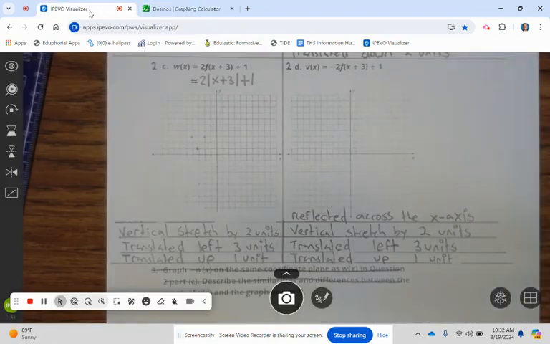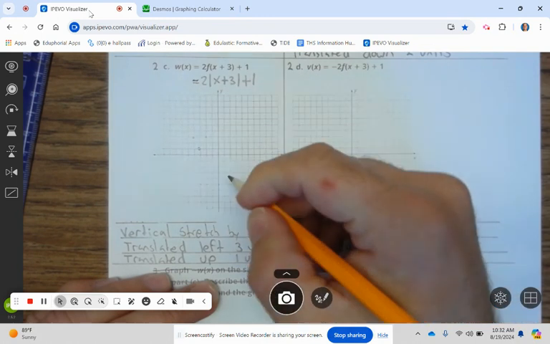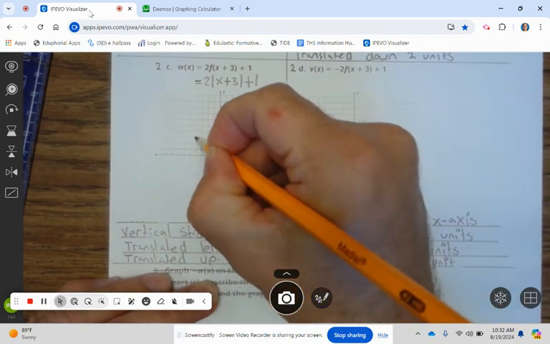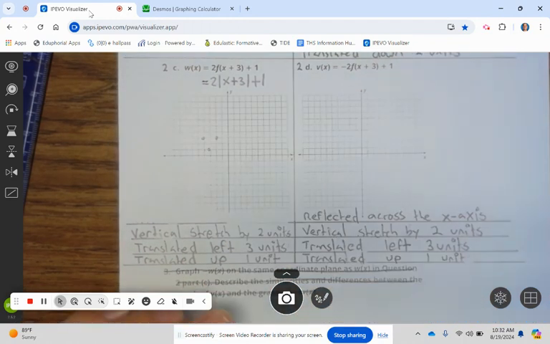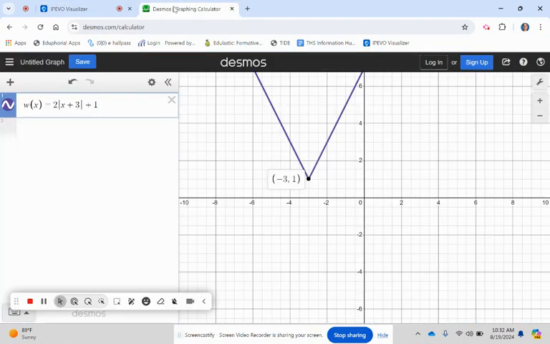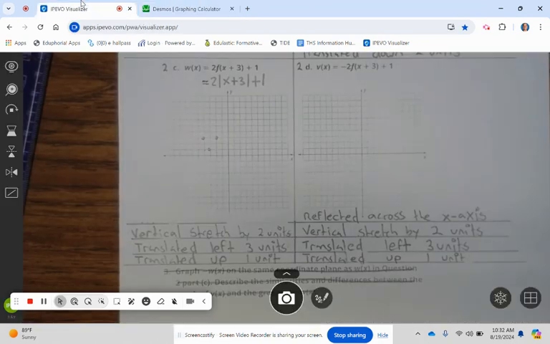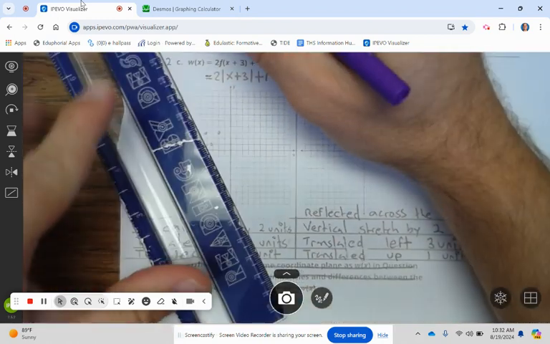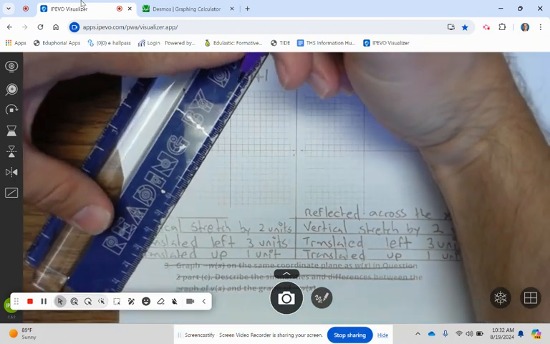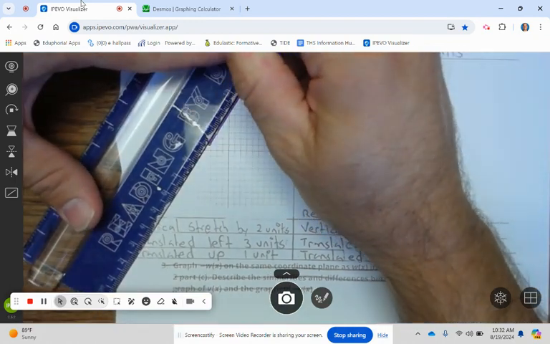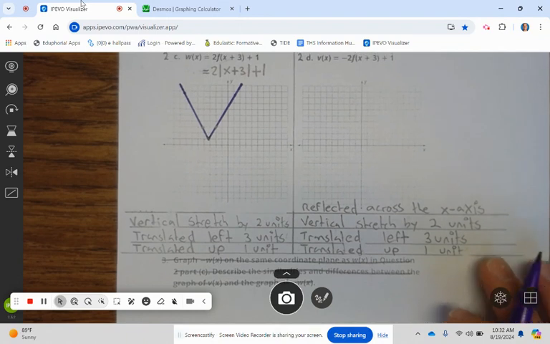All right. So we have negative 3, 1, negative 4 up 1, 2, 3, and then negative 2 up 1, 2, 3. And I forgot what color that was. Purple. Let's see if it's purple. Yep, we can graph that out. All right, and that's a vertical stretch by 2 units, translated left 3 units, and translated up 1 unit.